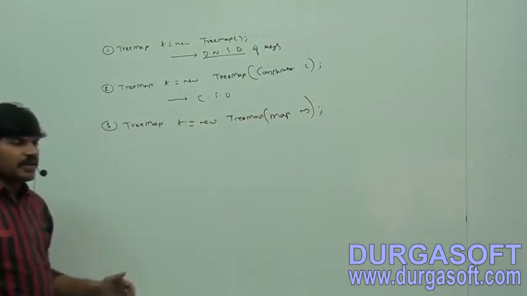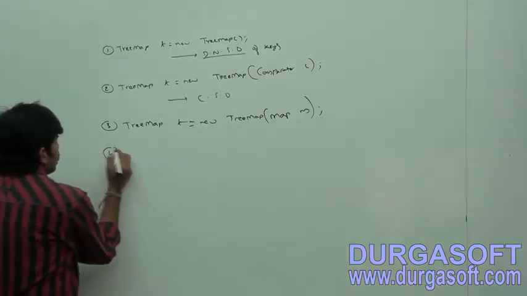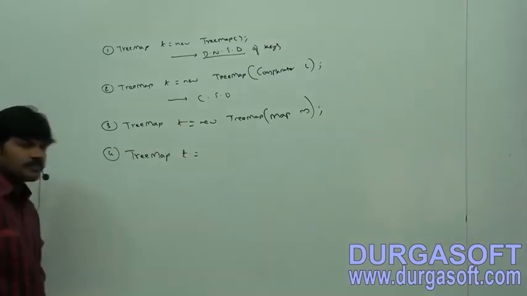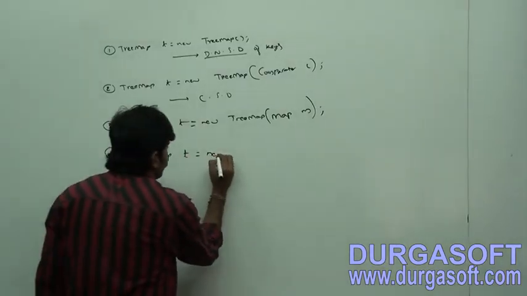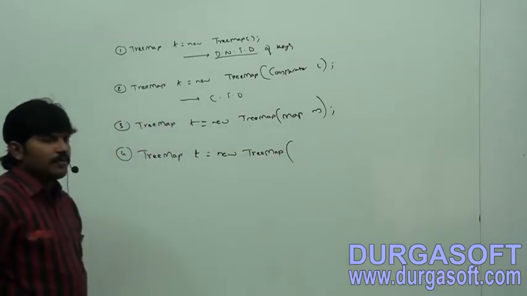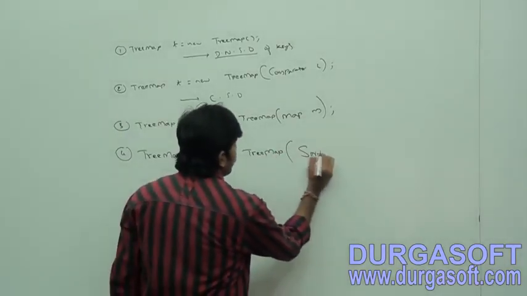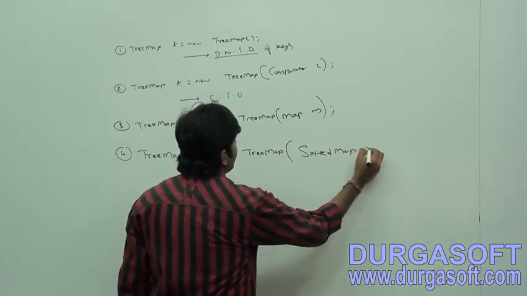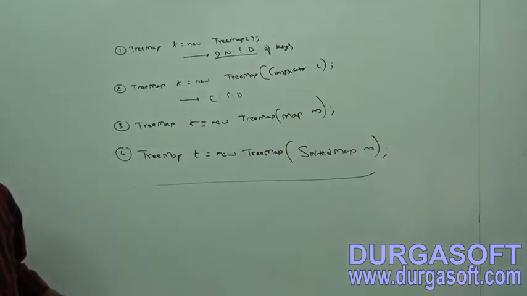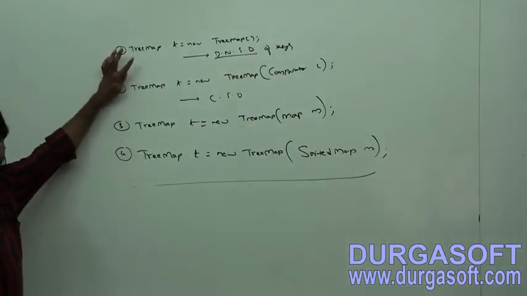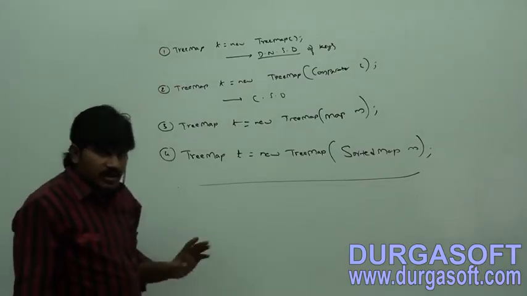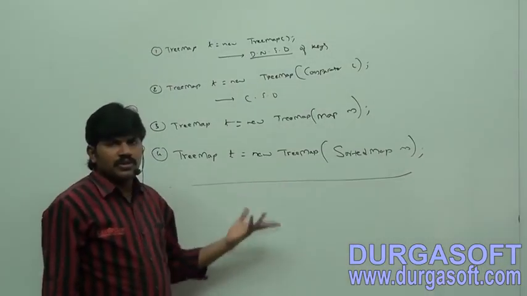Then TreeMap t = new TreeMap(SortedMap m): for any SortedMap, an equivalent TreeMap is created. In total there are 4 constructors. The first is meant for default natural sorting order, the second for customized sorting order, and the remaining two for interconversion.